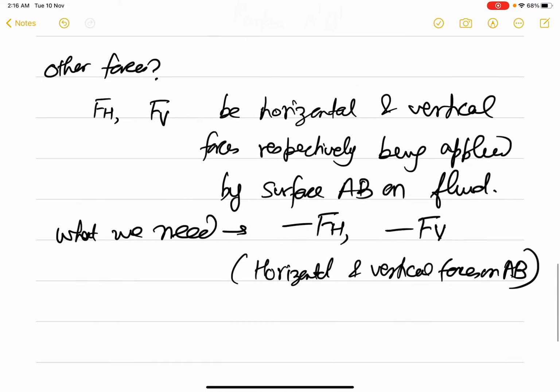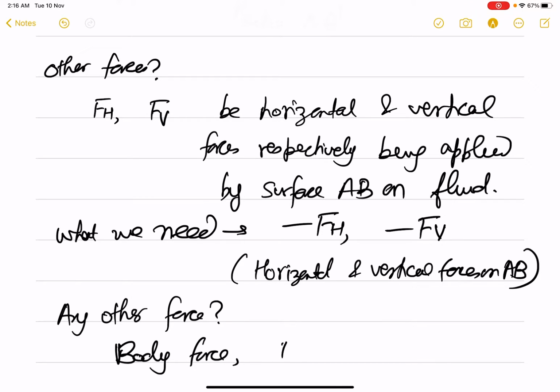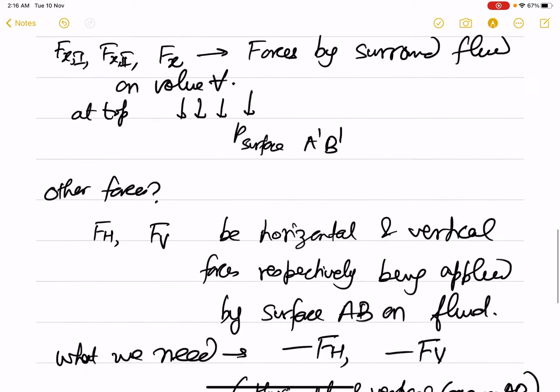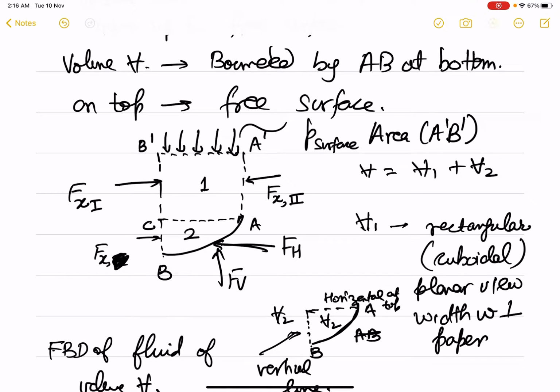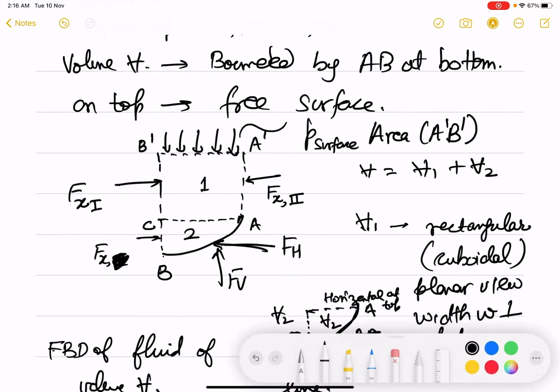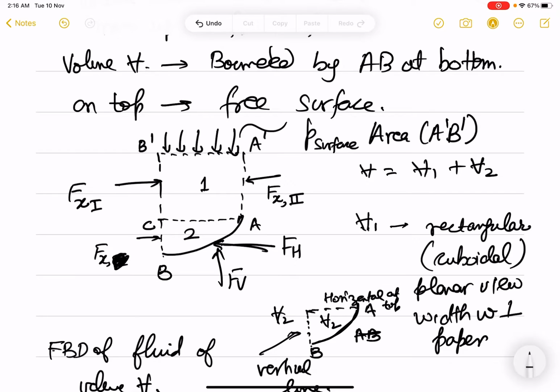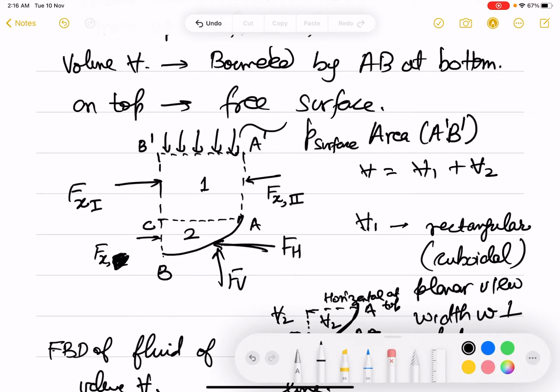So these are the forces. Is there any other force? And clearly there is the body force, the force due to the weight of the water. And this force, I'll show it now. Let me use a different color for this, let's say, the red color.